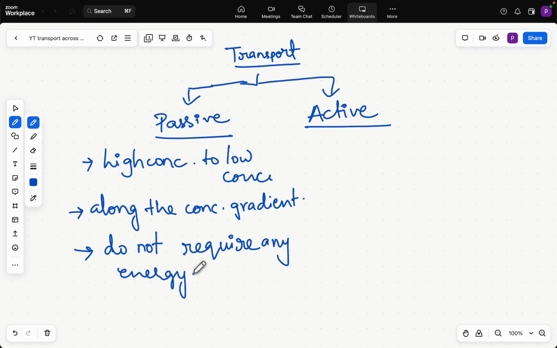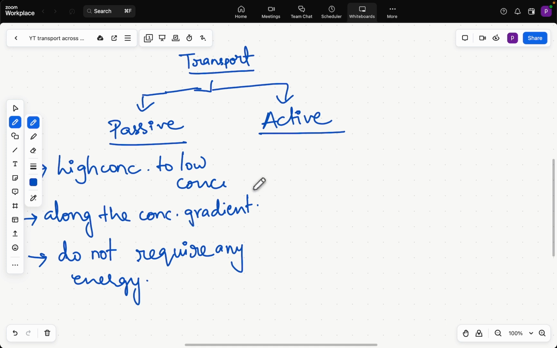because it is going along the concentration gradient, and it is the law of the nature that everything goes along a concentration gradient. Everything goes from high concentration to low concentration. That is the law of nature. For that, you do not require any energy. In active transport, it is opposite to this. In active transport, the molecules go from low concentration to high concentration.